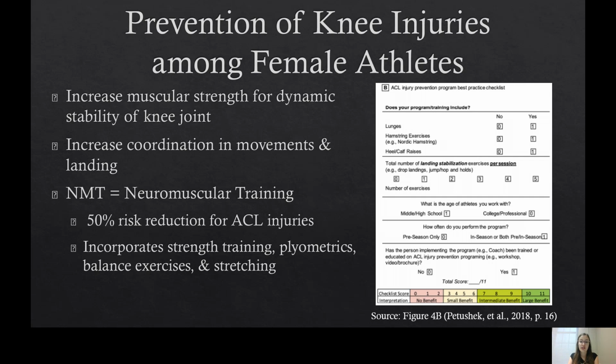The diagram on the right is a best practices checklist for NMT programs for female athletes developed by Petushek and his team. As shown, some of the exercises considered to be the most effective for this purpose include Nordic hamstrings, heel raises, lunges, and landing stabilization practice like jump and holds. Also, this diagram emphasizes that interventions with younger athletes are more effective because they establish good body mechanics and strength earlier on.